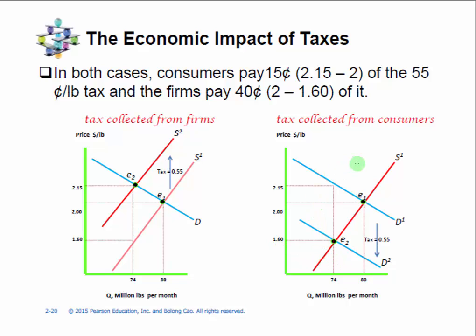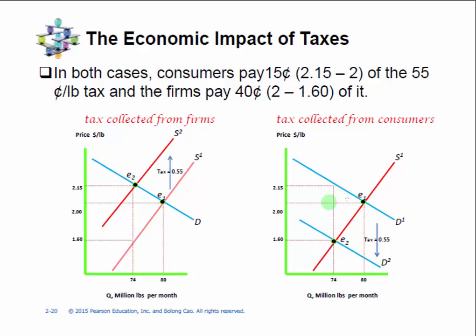In the picture on the right, the consumers actually pay this 55 cents tax out of pocket. The sellers mark the price at 160, and when the consumers pay, they pay 160 and see another 55 cents on their receipt for the tax. So effectively, the consumer is paying a total of $2.15 per unit.